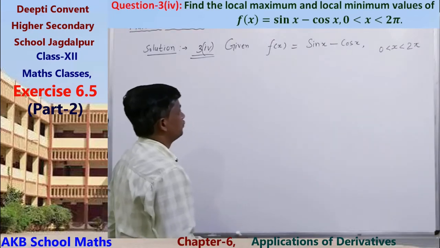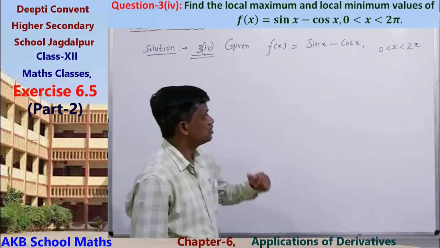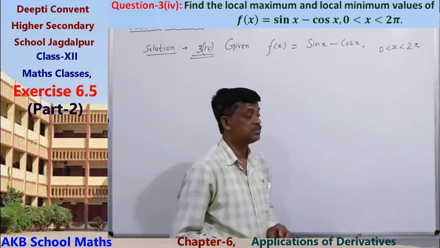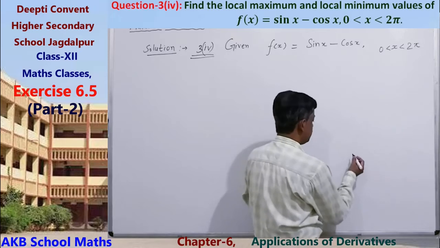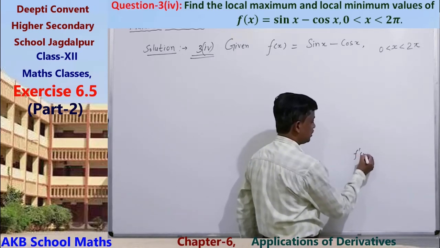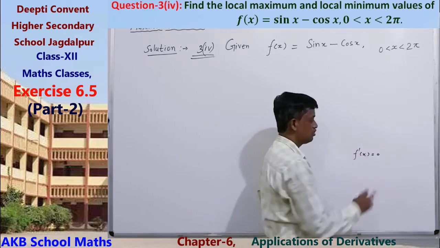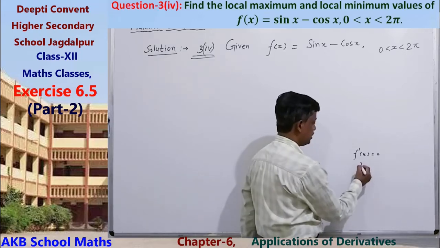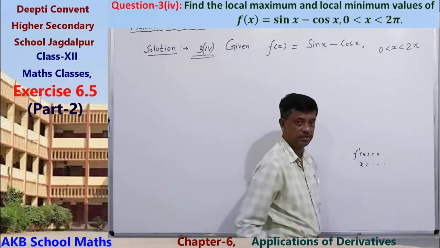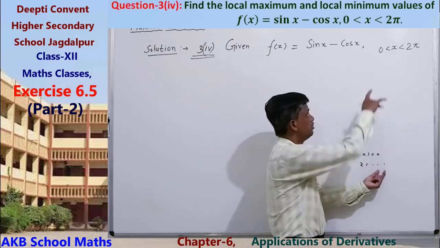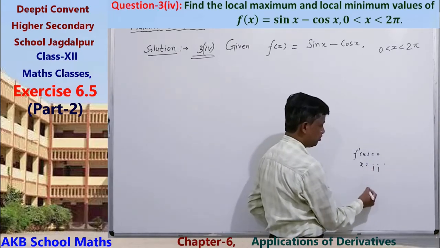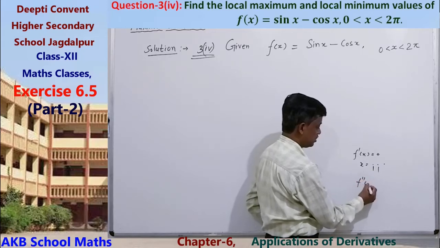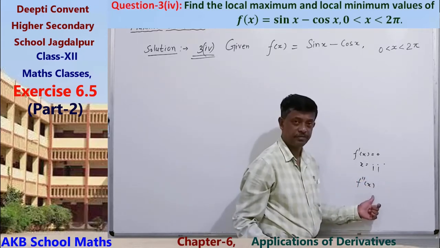Okay, so we have to use the double derivative test, that is, the second derivative test. We know the second derivative test. First of all, we find critical points by taking f dash x equals 0 and solving for x. We get some points, which should be between 0 and 2 pi, and for each point we have to test the sign of the double derivative.